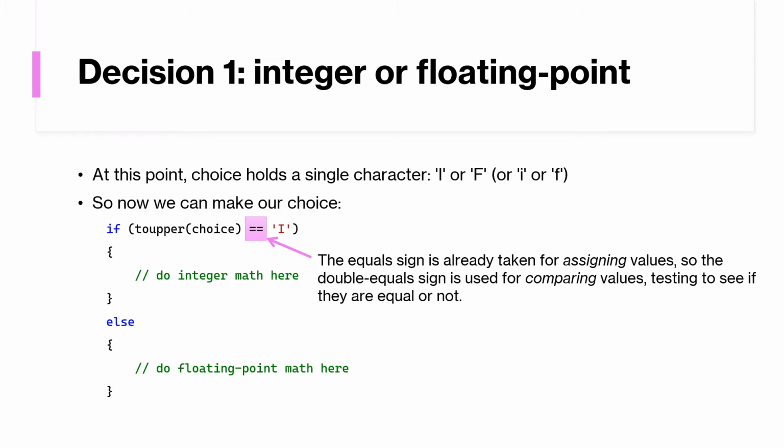But if I had a variable there, if I said if choice equals I, it would try to assign I to choice, and that would not do what I wanted it to do. So the double equal sign is used in C++ for comparing values. In this case, it's testing to see if they are equal or not.